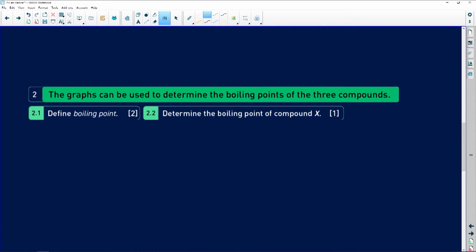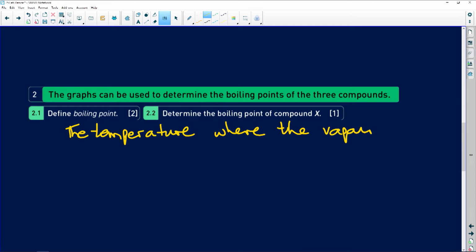So let us write our definition down. 2.1, define the boiling point. It is the temperature where the vapor pressure is equal to atmospheric pressure.